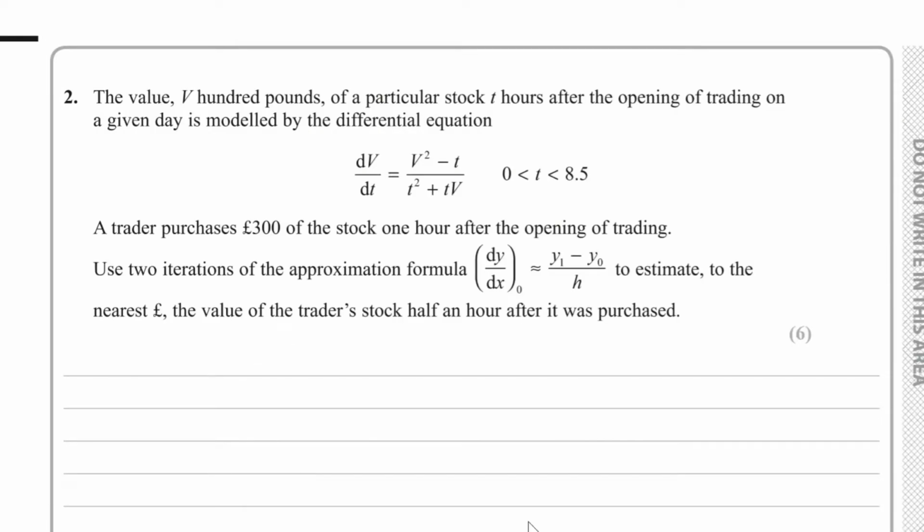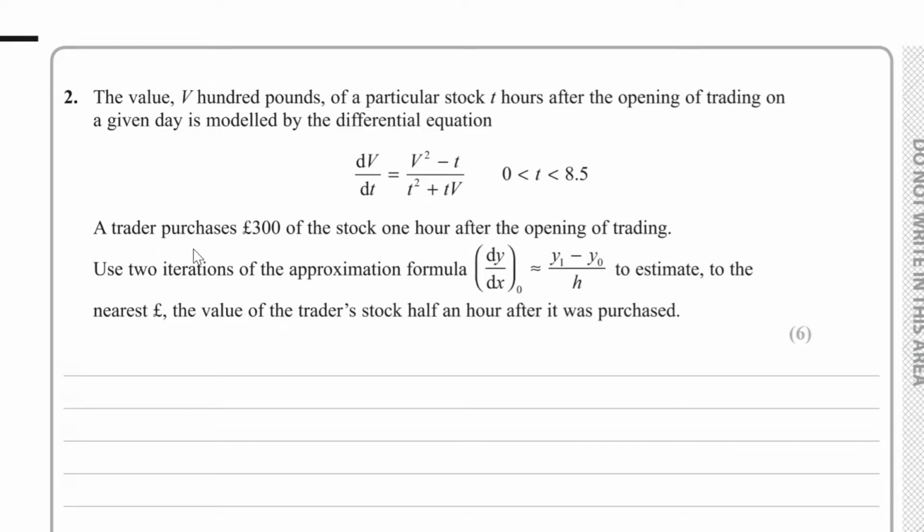Question number 2. The value V, in £100, of a particular stock t hours after the opening of trading on a given day is modelled by the differential equation dV/dt equals (V squared minus t) over (t squared plus tV), where t is between 0 and 8.5.